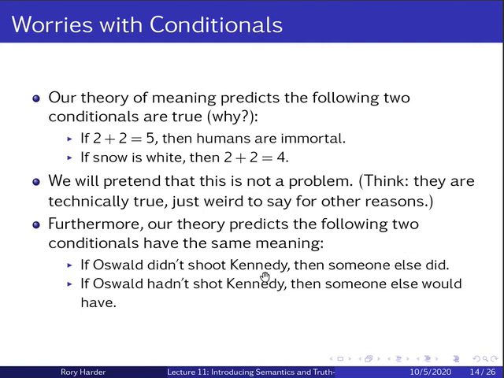Someone did shoot Kennedy, and that is something that everyone accepts. So given that Kennedy was, in fact, shot, if Oswald didn't shoot Kennedy, then someone else did.